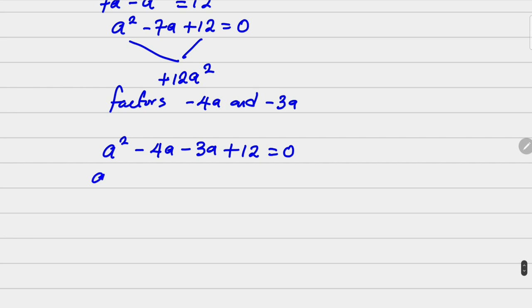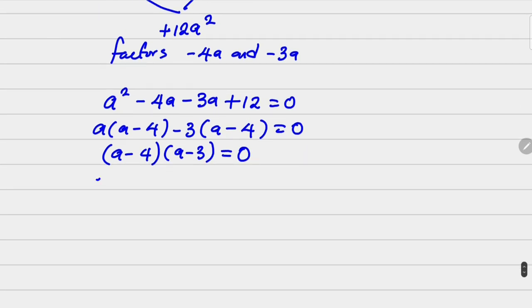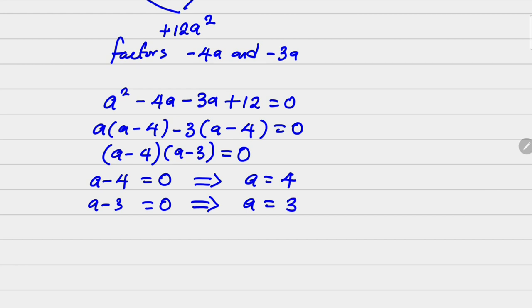So therefore this is a into a minus 4, then minus 3 into a minus 4 is equal to 0. So a minus 4 into a minus 3 is equal to 0, which if I have a minus 4 equal to 0, it will imply that a is equal to 4. If I have a minus 3 equal to 0, it will imply that a is equal to 3.